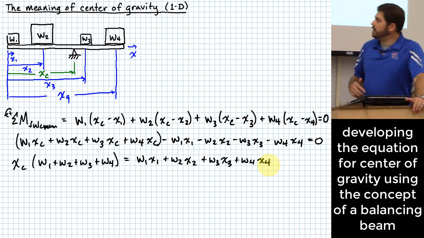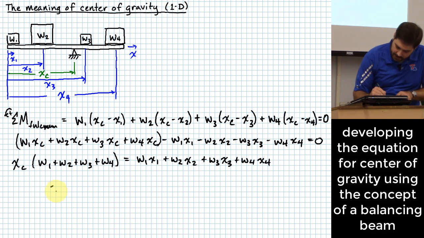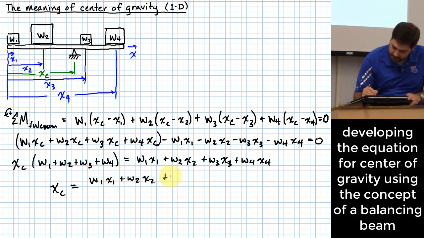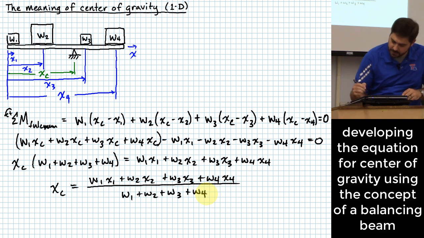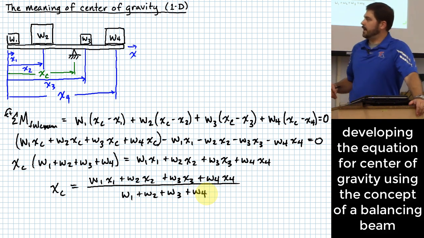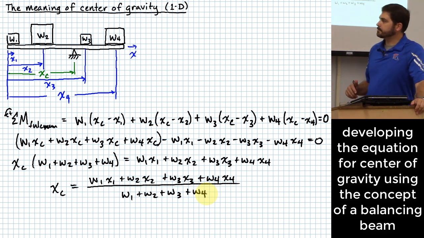All right. So what have I done here? I've basically set this up to where I can solve for x sub c. And x sub c just ends up being W1 x1 plus W2 x2 plus W3 x3 plus W4 x4 all over W1 plus W2 plus W3 plus W4, where the W's are all the weights of each of the terms.